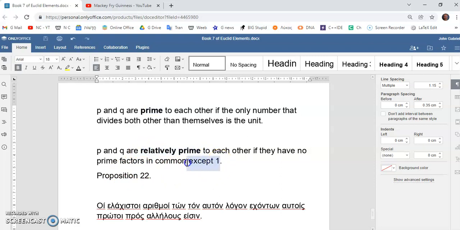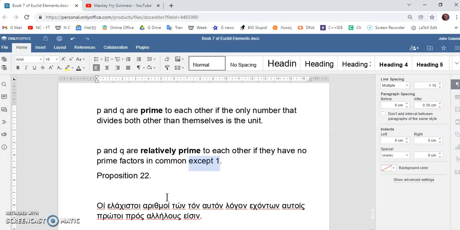So 1 is not a prime factor, but that's what it means to be relatively prime. So for example, you can have two numbers that are measured by more than one number, in other words, a unit, and they're still relatively prime because they have no common factors.